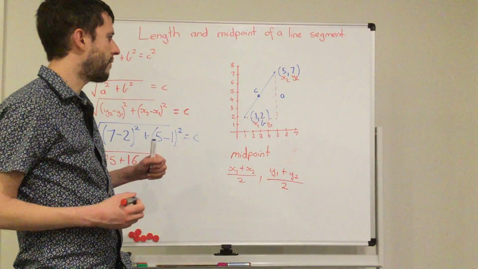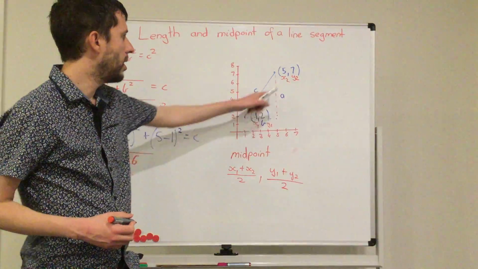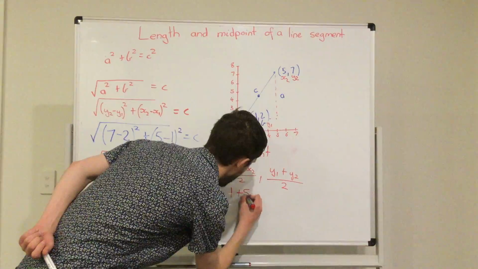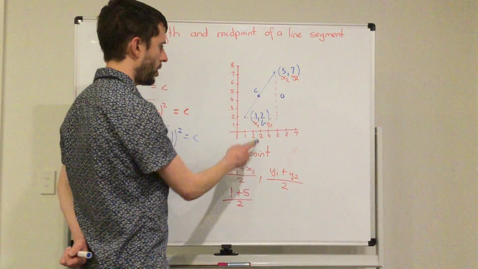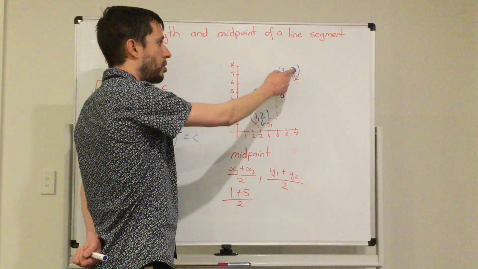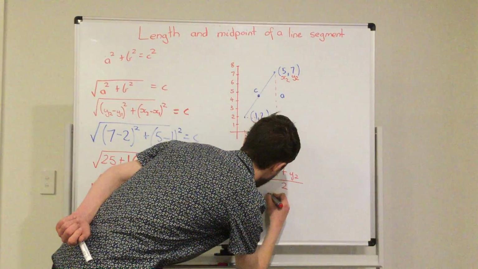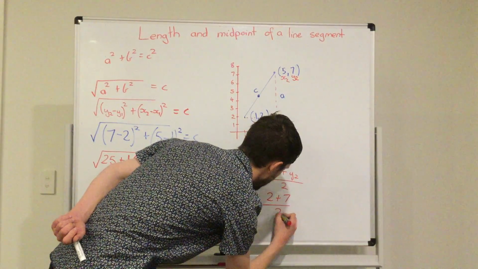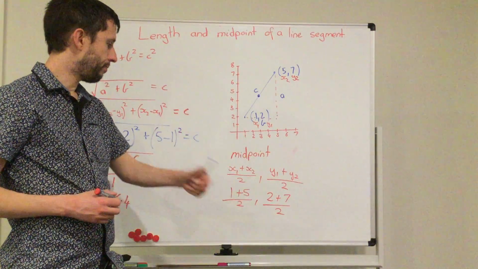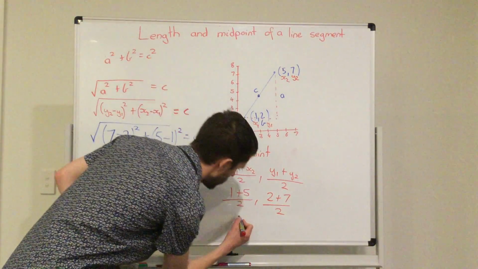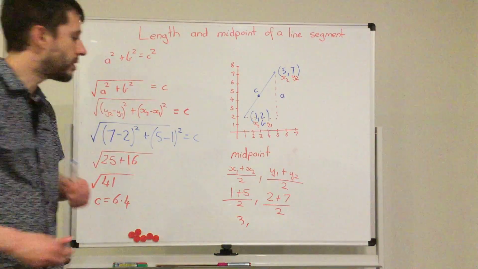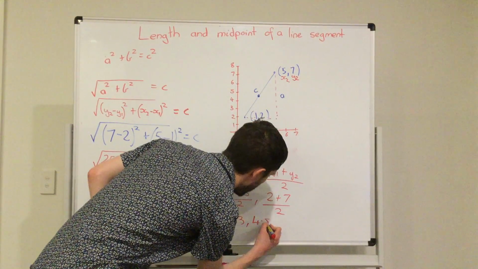So let's double check if we can do that. We've got x1 is 1 plus x2 is 5. So 1 plus 5 divided by 2. y1 is 2, y2 is 7, so 2 plus 7 divided by 2. 1 plus 5 is 6, 6 divided by 2 is 3, 2 plus 7 is 9, 9 divided by 2 is 4.5.